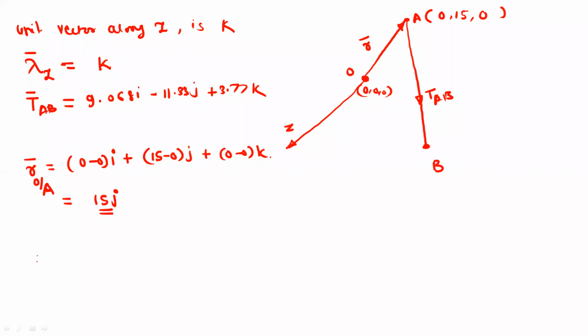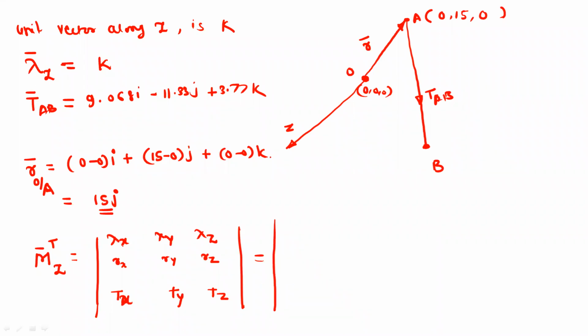So your actual moment about the Z axis, the moment by the tension about the Z axis, is equal to the determinant of lambda x, lambda y and lambda z, which are the components of the unit vector along the Z axis. Then the components of the position vector, Rx, Ry and Rz. And last, the components of the force, Tx, Ty and Tz.